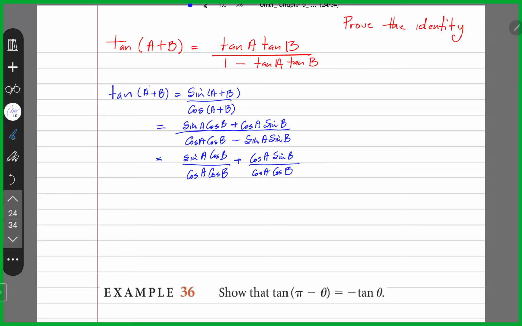So what I've just done is divide the numerator by cos A cos B, and I'm going to do the same thing with the denominator.